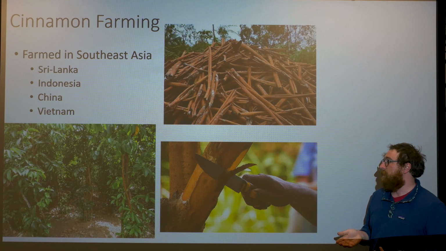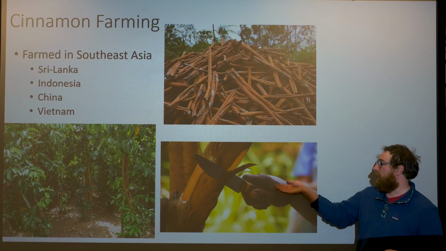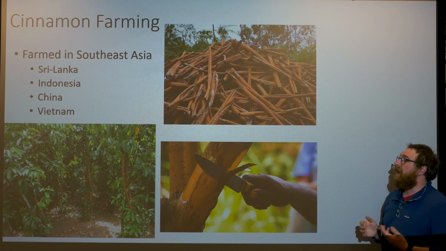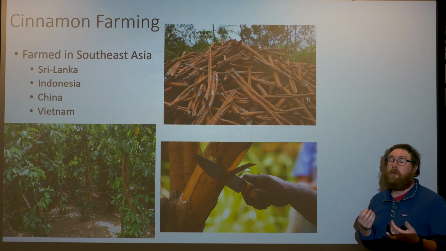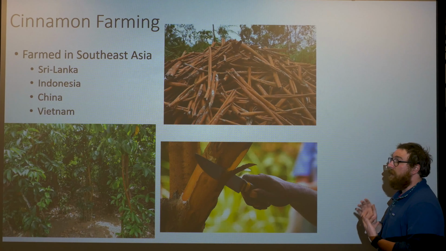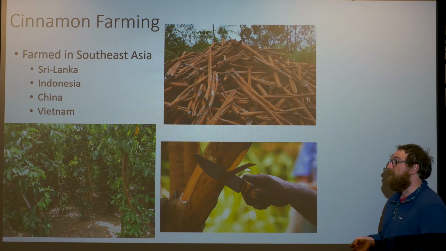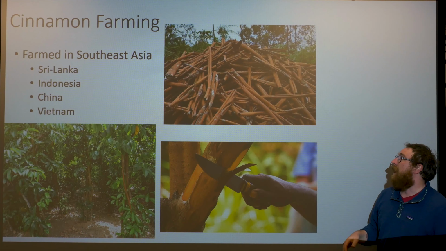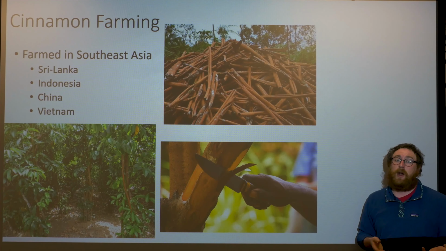When you eat cinnamon, what you're essentially eating is the dried, ground-up bark of the tree. In a lot of Southeast Asian countries, this is a very important cash crop. And it's very labor-intensive harvesting too, because you have to go into the woods, cut off these branches, and then dry them, and then get them to market.